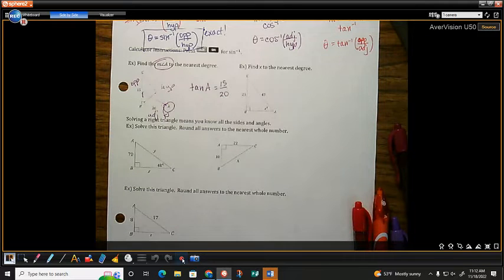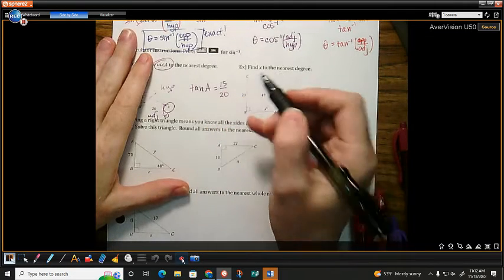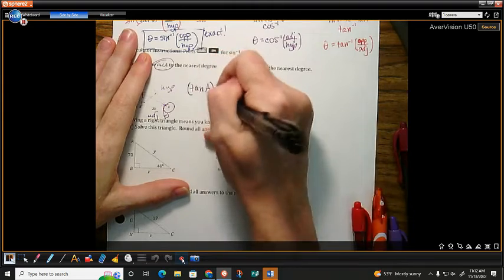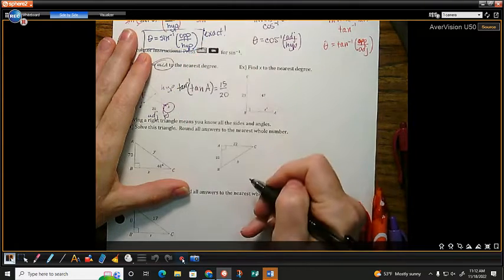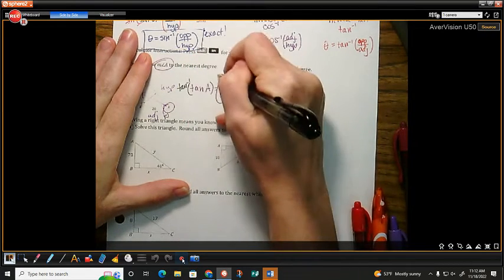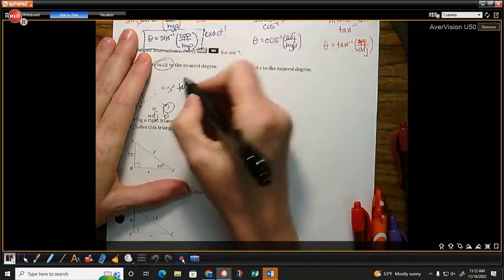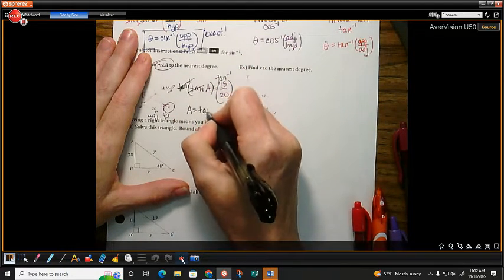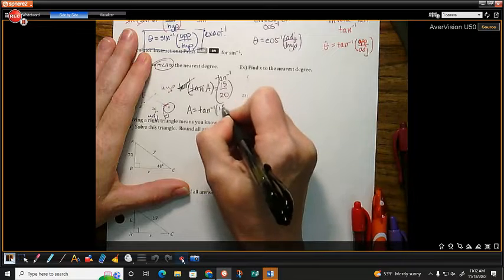Oh dear, if I could only get the tangent off my angle, how can I untangent angle A to figure out what got me this ratio? The inverse tangent. If I do it to the left, you got to do it to the right. And those cancel out, and A equals whatever the inverse tangent of 15/20ths is.